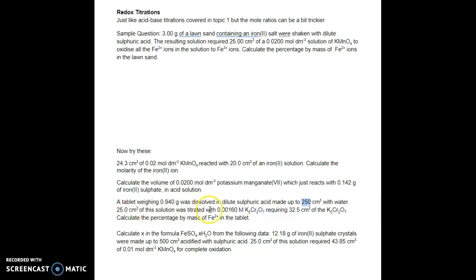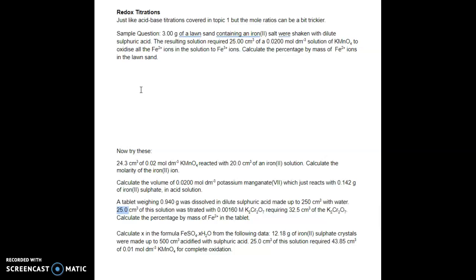When you've worked out your moles of the iron 2 plus in this 25 centimetres cubed, you then need to multiply by 10 to get the number of moles in 250 centimetres cubed of water that the original tablet was dissolved in. Okay, so just be careful of that. You could need a factor of 10 in there to make sure you get the right answer.